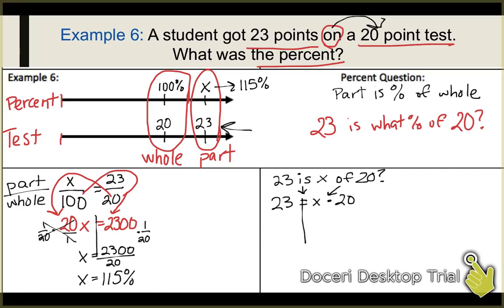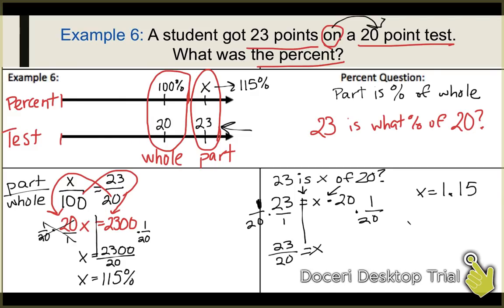I'm going to multiply each side by 1 over 20, my multiplicative inverse. Okay, so now I have 23 over 20 is equal to x.